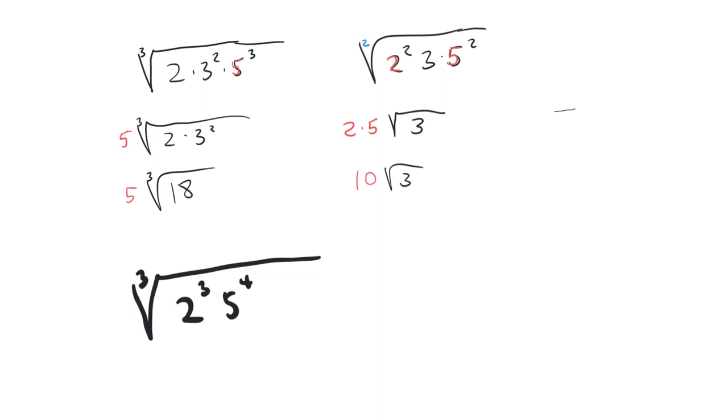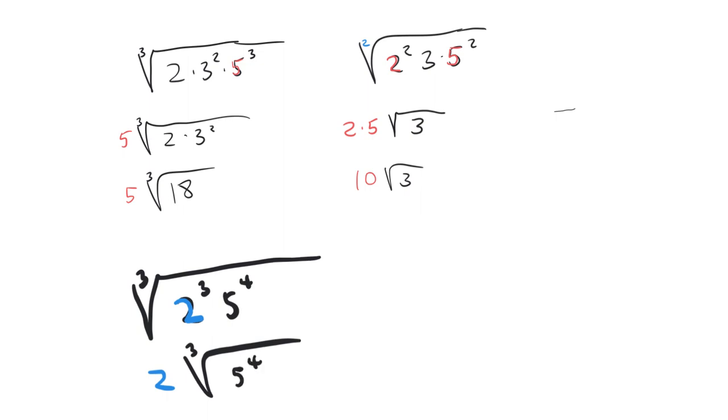So imagine we had 2 to the third times 5 to the fourth. Well, it's obvious that this blue 2 is going to get out of jail, so we could just put the 2 on the outside, and we would have this 5 to the fourth left over.